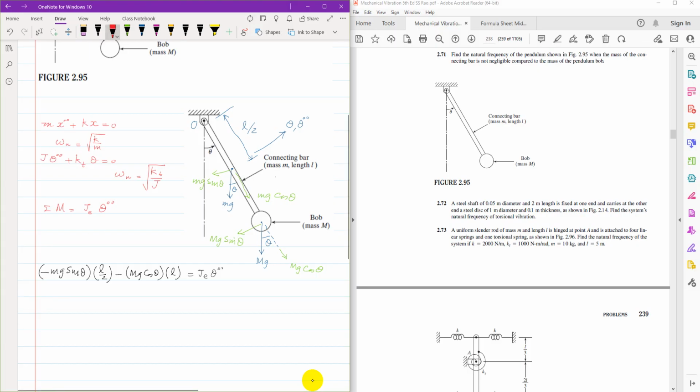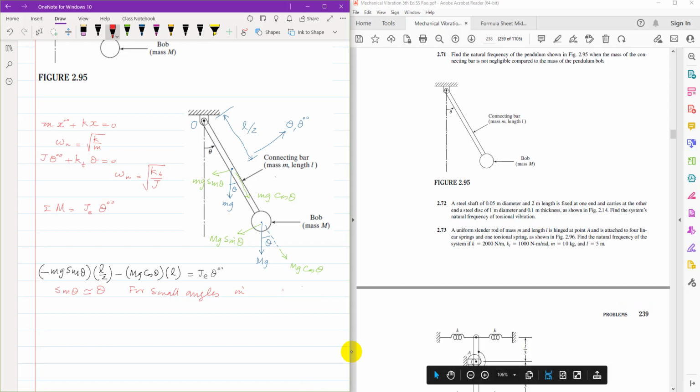But remember, for small angles in radians, sine theta is nearly equal to theta, because the angle we are considering is a small angle in radians. Now I need to find J equivalent for this whole system.